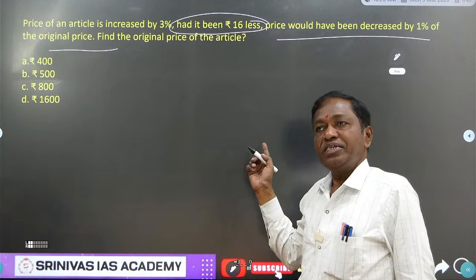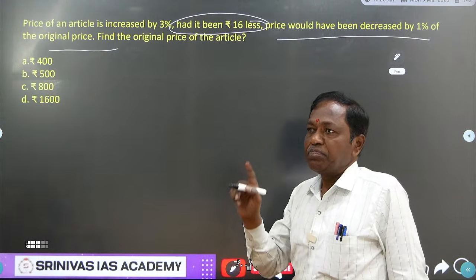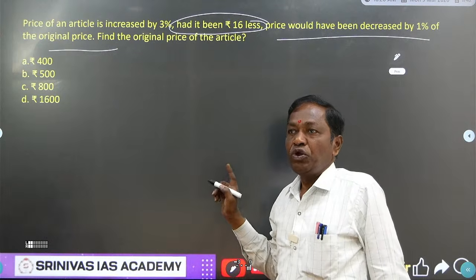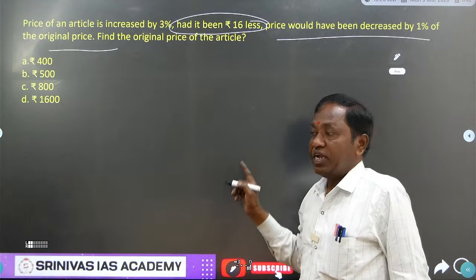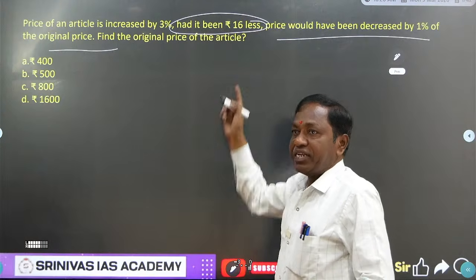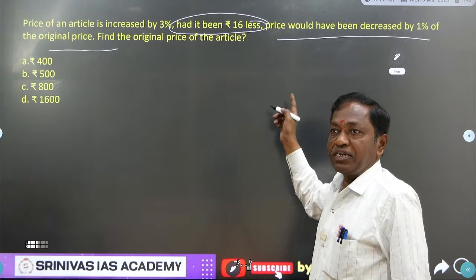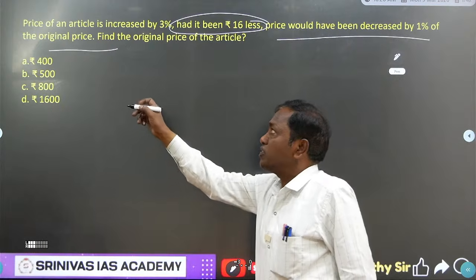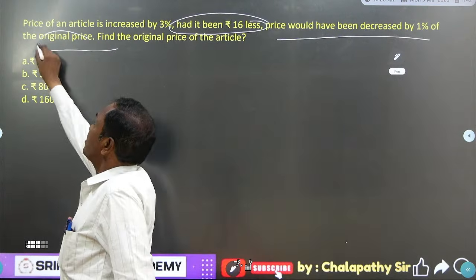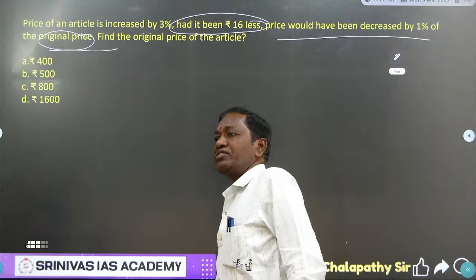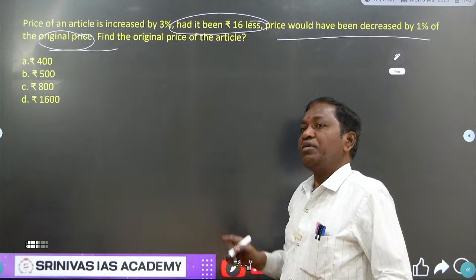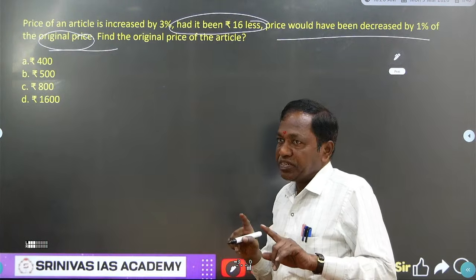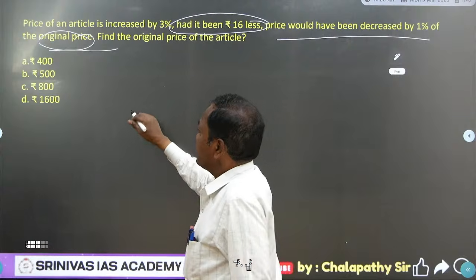Price is increased by 3%. Totally 100% plus 3% is equal to 103%. Had it 16 rupees less is given, that is reduced, the price would have been reduced by 1% of the original price. 1% of the original price we have taken is what? 100 minus 1, 99%. It means what is the difference that is?